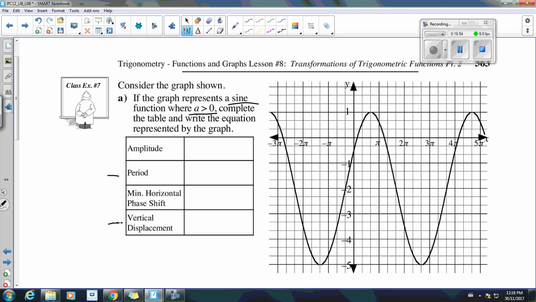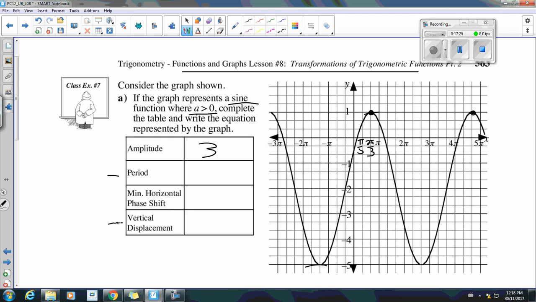So the amplitude here, remember we can think of amplitude as max minus min divided by 2. So that's 1 minus -5 is 6, divided by 2 is 3. Period here, how long does this take to repeat? You just have to pick any 2 points. So you could use this point and this point. So this would be pi/3, 2 pi/3.